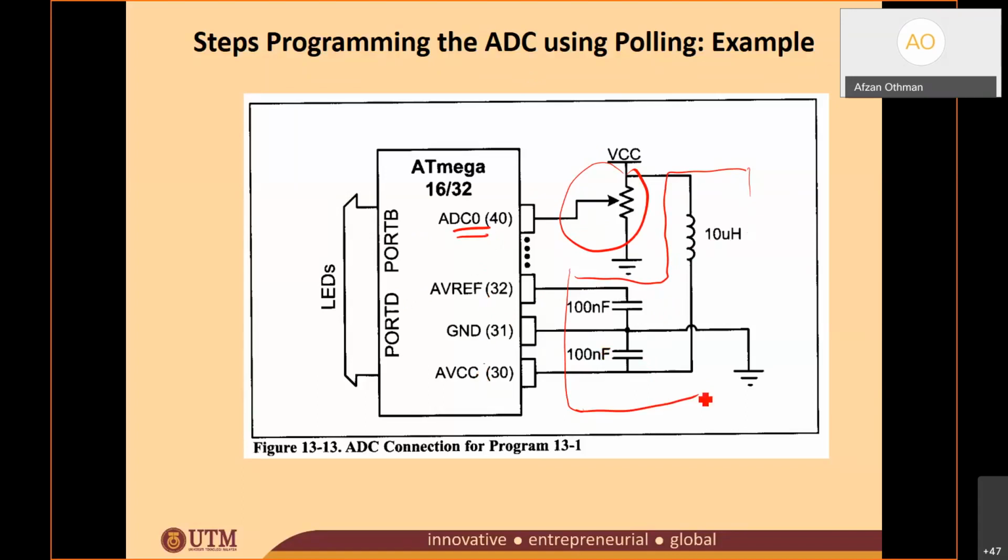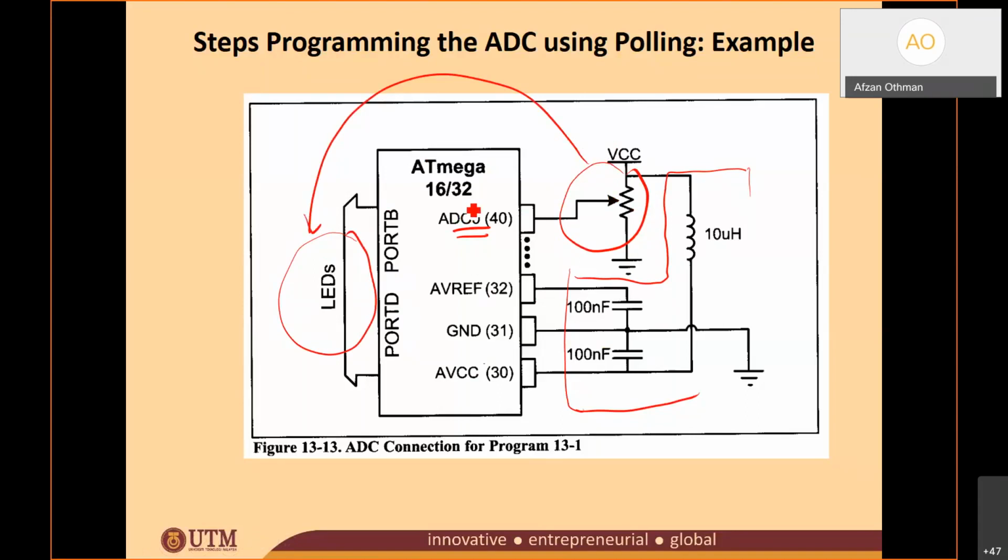And then you have LEDs connected to port B and port D. Every time the CPU reads the value from this sensor, after the ADC conversion, it will display the analog value from this sensor on these LEDs. So now you're going to do the program based on this connection.